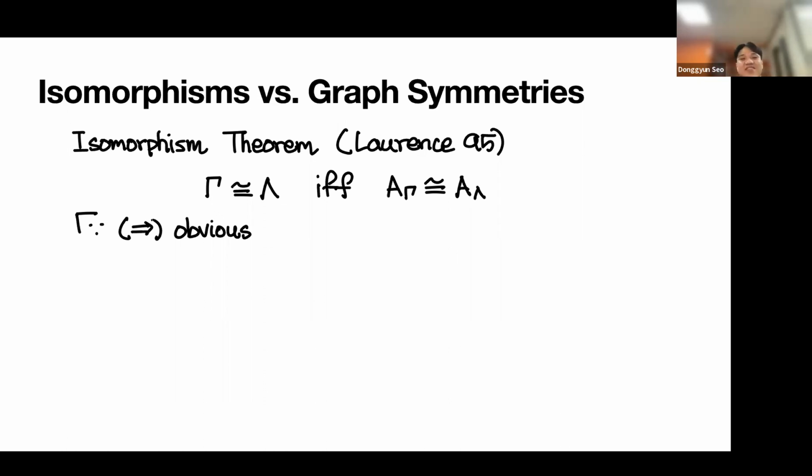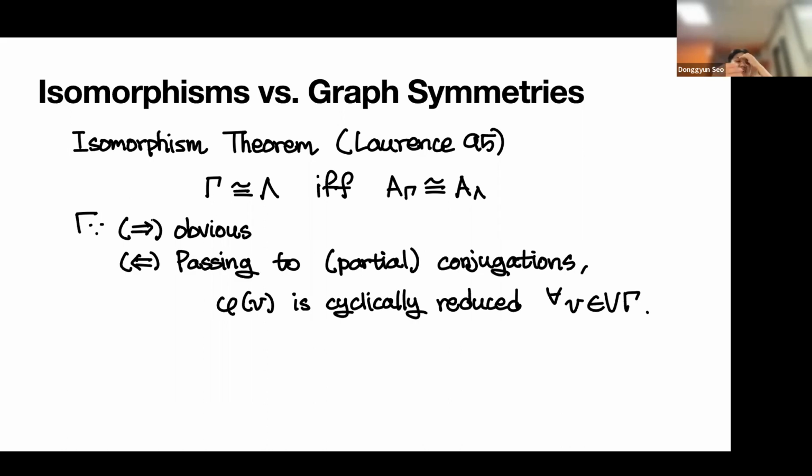It is very natural. But the non-trivial direction is the converse. If we have an isomorphism between two right-angled Artin groups, then we can... The proof is very difficult.